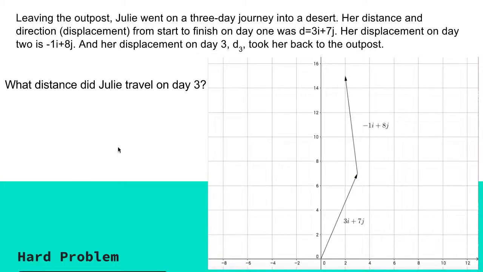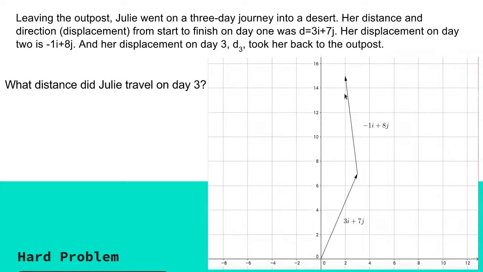Now for our hard problem, leaving the outpost, Julie went on a 3-day journey into a desert. Her distance and direction, which is displacement, from start to finish on day 1 was d equals 3i plus 7j. Her displacement on day 2 is -1i plus 8j. And her displacement on day 3 is represented as d3, and it took her back to the outpost. So, what distance did Julie travel on day 3?